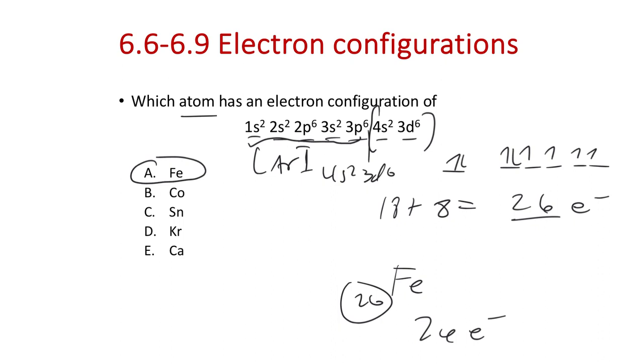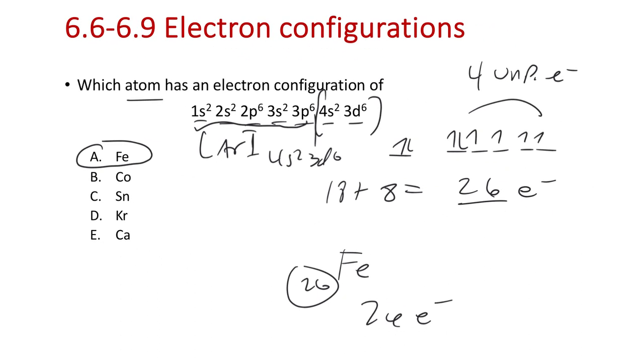That gives me a total of 4 unpaired electrons, because I have 6 d electrons, so net 4 unpaired. And then I have 6 plus 2, so I'd have 8 valence electrons. And iron's weird. The most common ions are plus 2 and plus 3, but occasionally it forms a plus 5. It forms a variety of charge states because it has a lot of valence electrons.